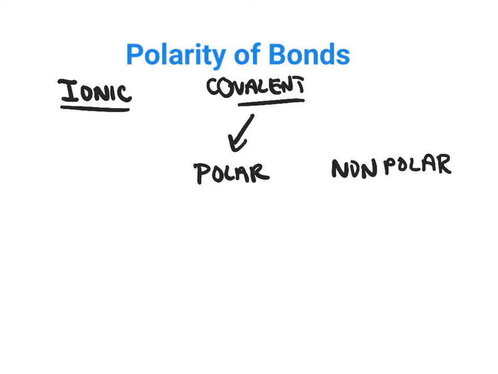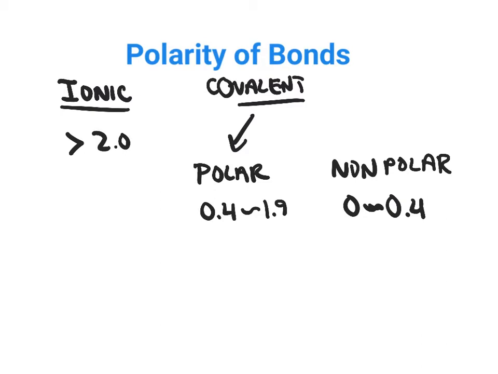So these are actually determined by electronegativity differences between the atoms. In a non-polar covalent bond, the electronegativity differences are between 0 and about 0.4. In polar covalent, it's between about 0.4 and about 1.9. And then anything that's greater than 2 electronegativity difference is an ionic bond.